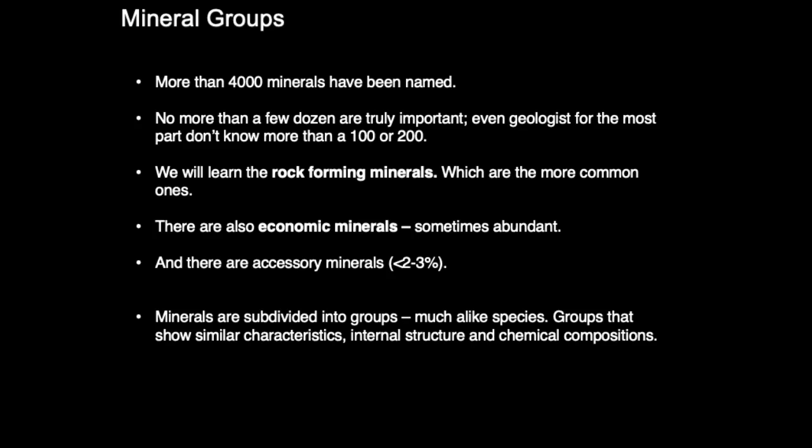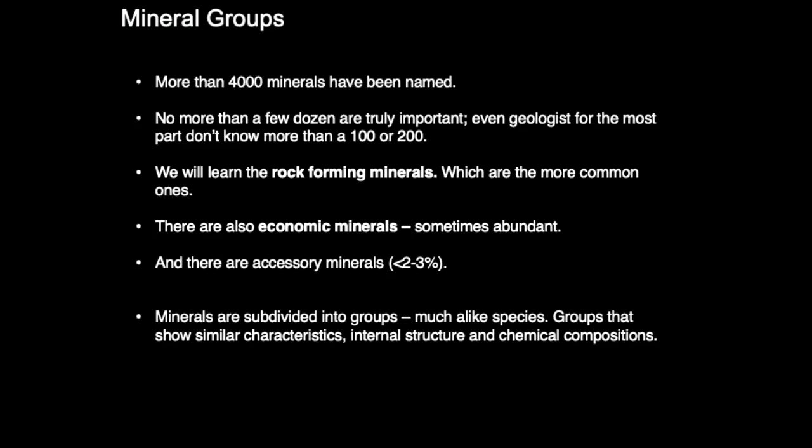Some other minerals, which we will not look at necessarily, are called economic minerals, which are used extensively in the manufacturing of products. Sometimes these minerals are abundant in certain areas, but they tend to appear concentrated in certain rock types or near specific geologic features. There are also accessory minerals, which typically make up less than 2 or 3% of a rock.